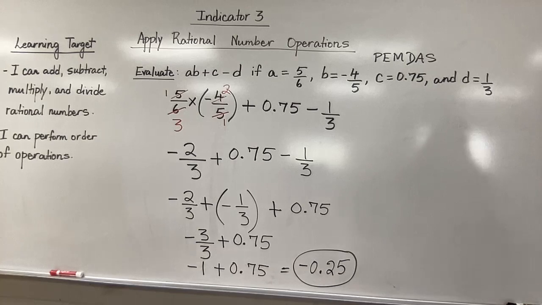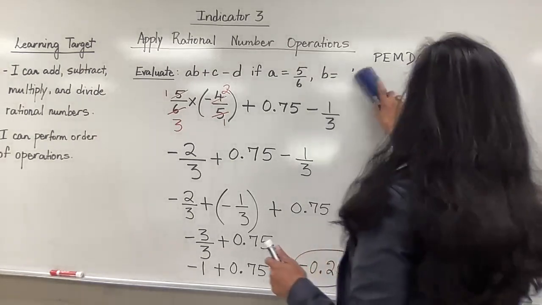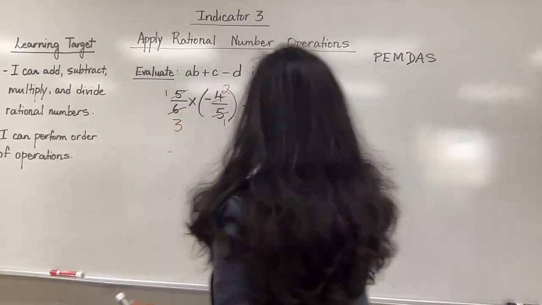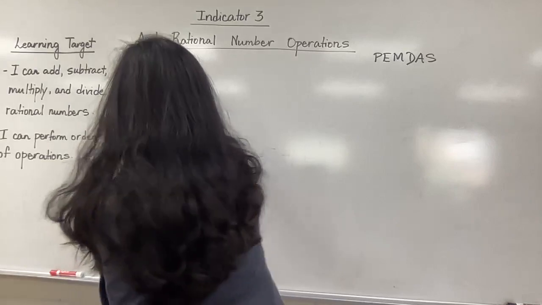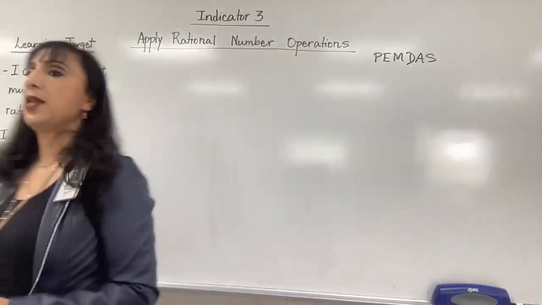All right, so let's try another problem. And again, remember PEMDAS. I'm just going to leave that here so that you can see it. All right. I'm going to try another problem.